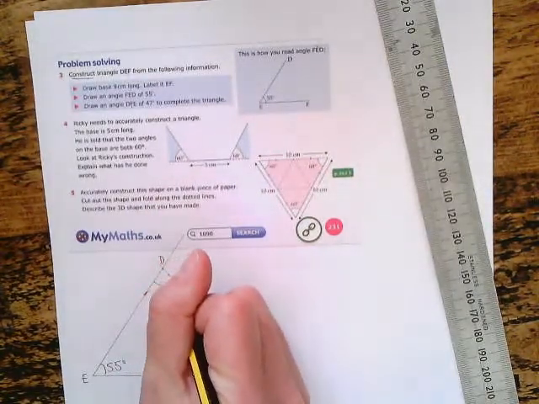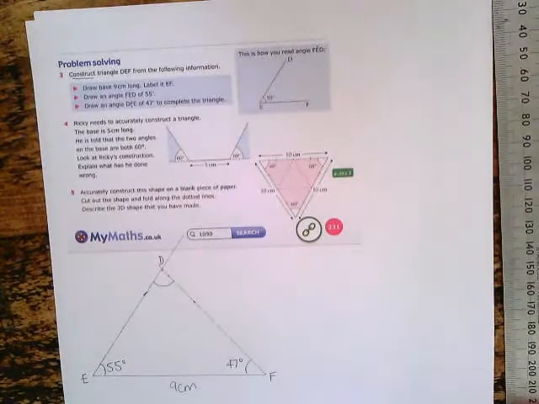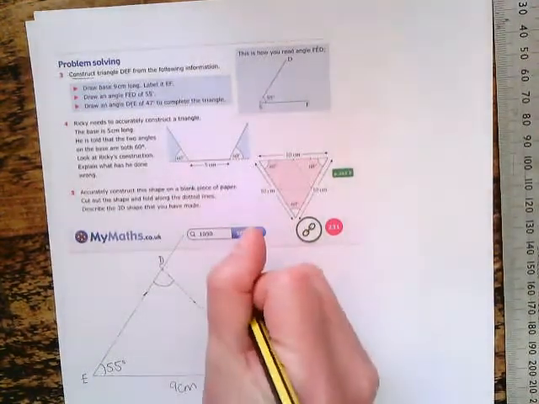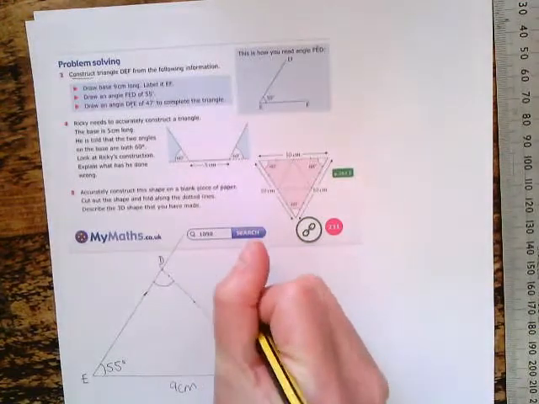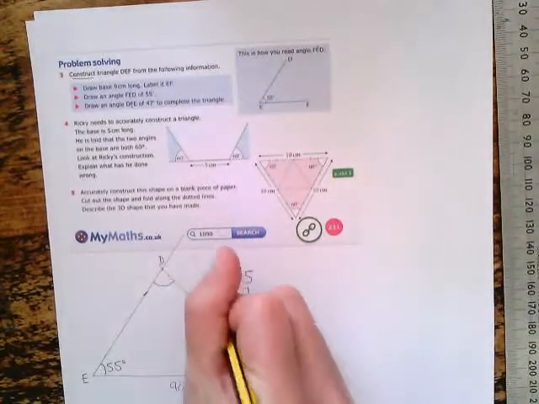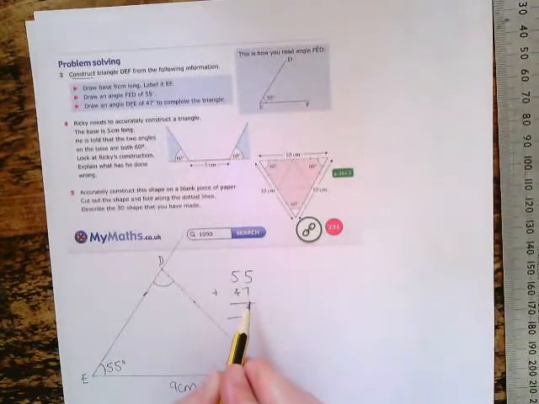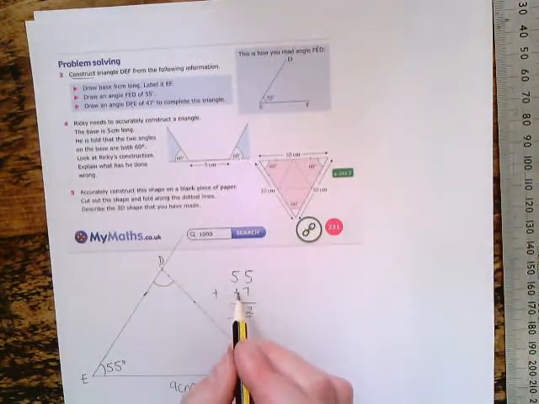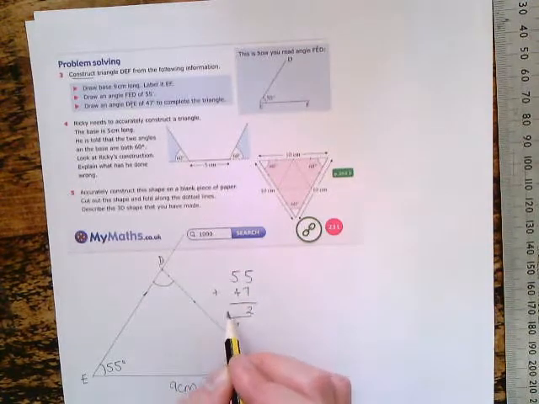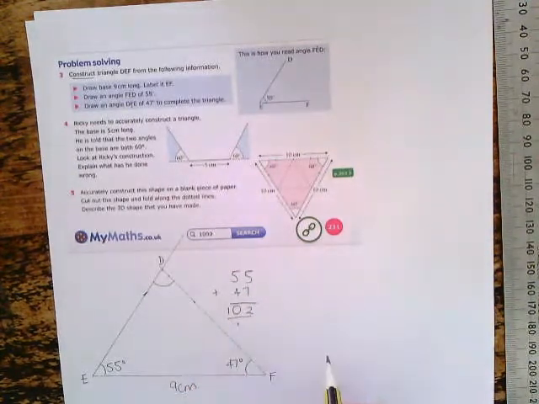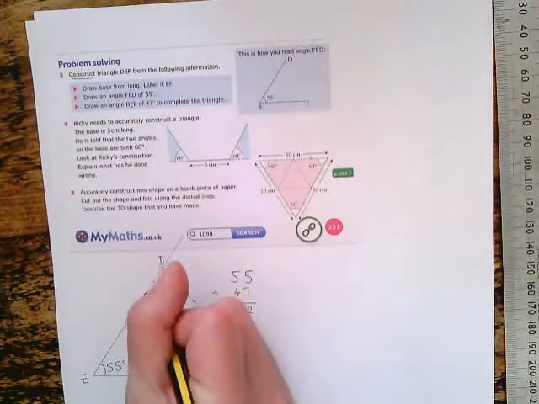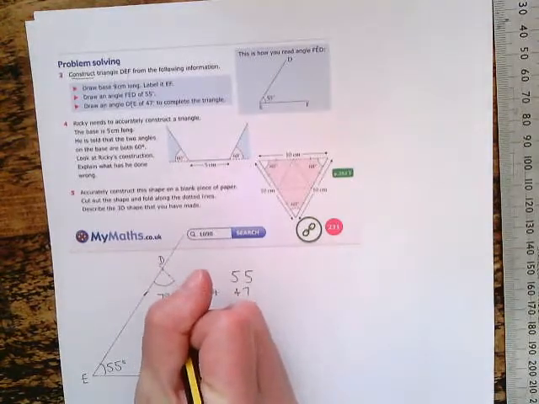Let's see how accurate we've been. Okay, so we know our angles are going to add to 180. If I put these two together, so if I do 55 and 47, that's going to give me 102 degrees. So I know 180 degrees, take away 102, hopefully this is going to be 78 degrees.